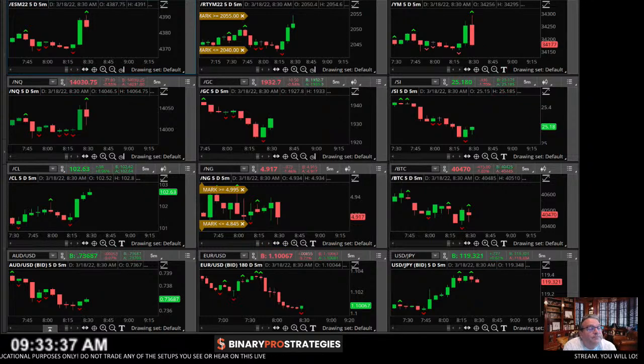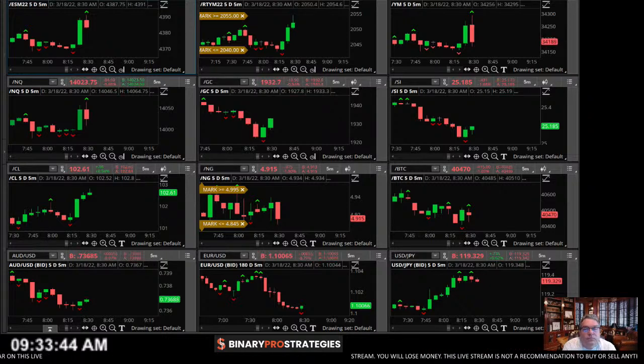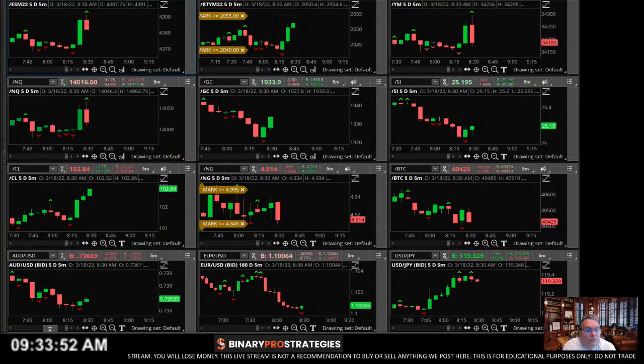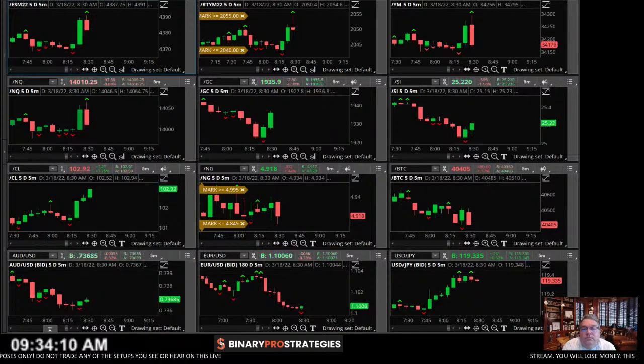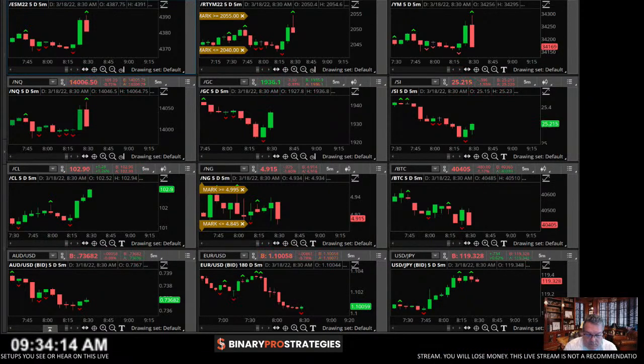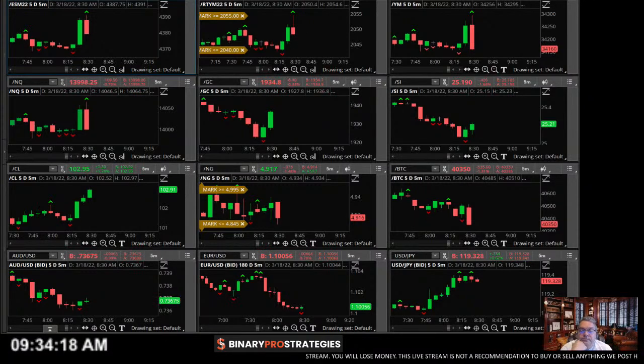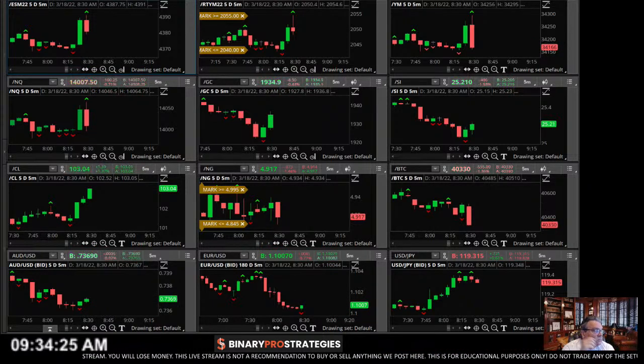Still short RTY. Still long YM. Possible reversal coming up on the Wall Street 30.